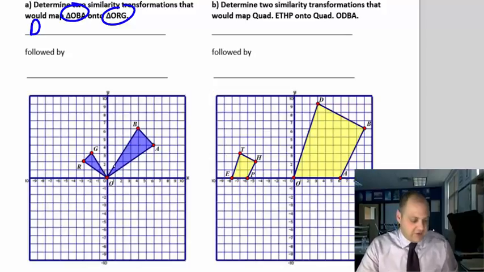Now what happened? Let's try to figure out what happened here. So O didn't move. O doesn't move, so we don't have to worry about O. B, looks like B went to R, and looks like A went to G. So what happened? Well, it got smaller first. Okay, so how do I go from O to B? It looks like I have to go 1, 2, 3, 4, 1, 2, 3, 4, 5, 6.